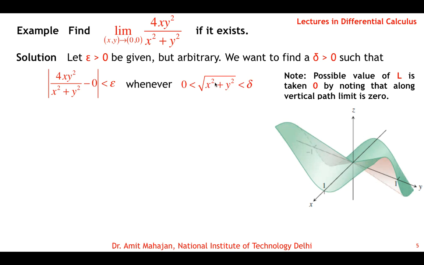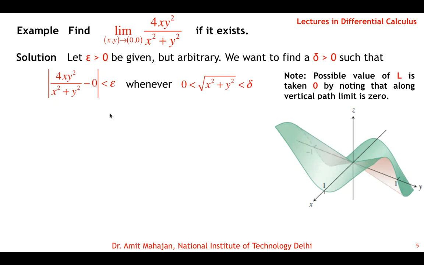Since (x naught, y naught) is (0,0), the square root of (x minus x naught) square plus (y minus y naught) square immediately reduces to x square plus y square. That means for all (x,y) points which lie in the disk centered at the origin with radius delta, if (x,y) approaches the origin, then this modulus must be less than epsilon for the limit to exist.